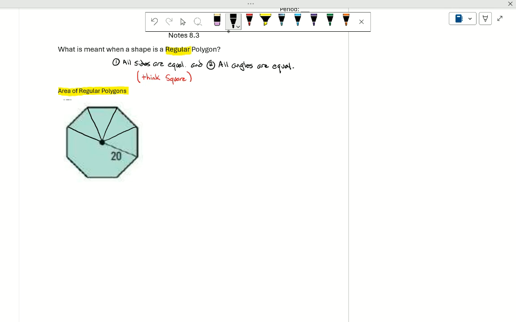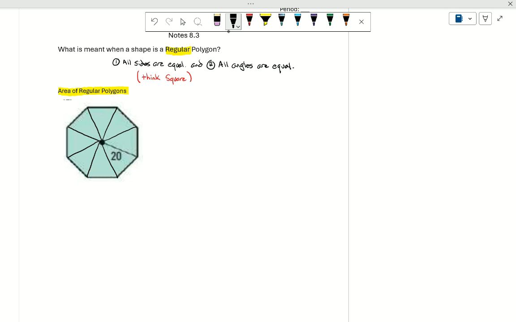And when you do that, you are going to create multiple congruent triangles. In this case, this shape is going to have 1, 2, 3, 4, 5, 6, 7, 8 congruent triangles. The number of triangles that you create will be the same as the number of sides of the shape. That's step one.